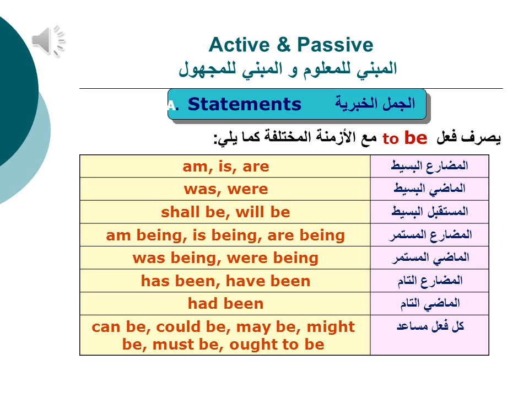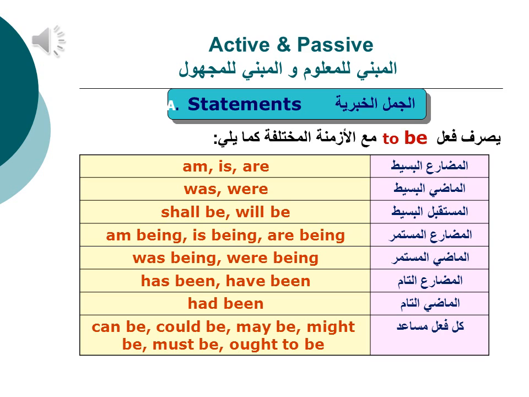The present continuous, am being, is being, are being. The past continuous, was being, were being. The present perfect, has been or have been, depending upon the object in the passive statement. The past perfect, had been for all objects.